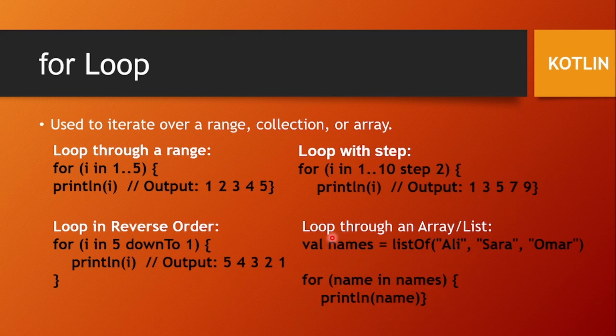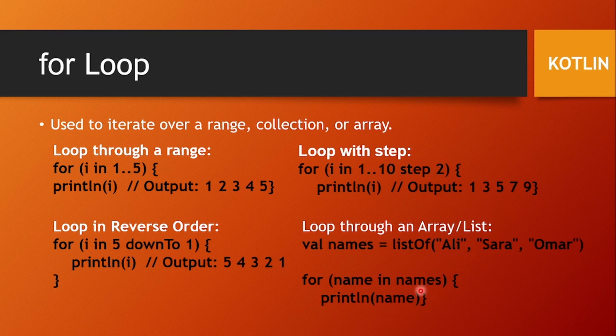And in the next example we have a loop through an array or list. In this example we are using a list by using the listOf function, and this listOf function will create a list of strings for us. Here are names of people like Ali, Sarah, Omar, and you can have more with this for loop. By this name variable, which is of string type, we are going through a collection, which is names.